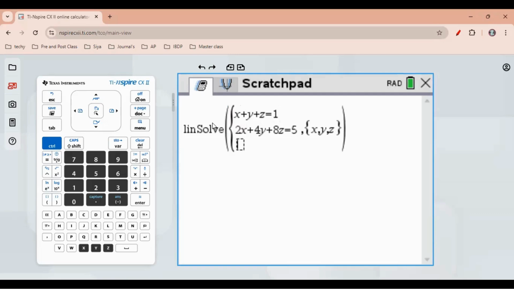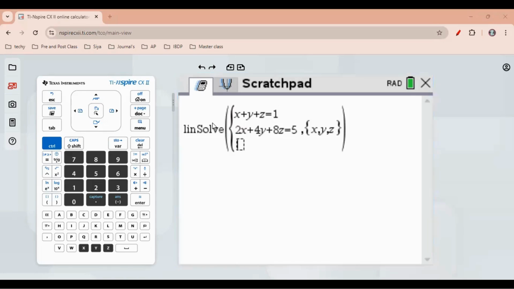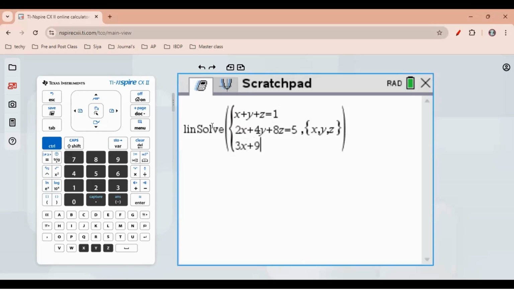And next one, 3a1, 9a2, 27a3, which is 3x plus 9y plus 27z, and it is equal to 14. That's it. We have given all the things and let's go for the solution part.